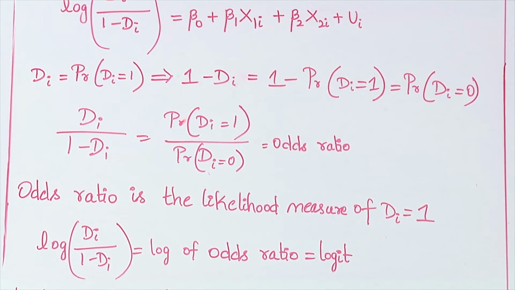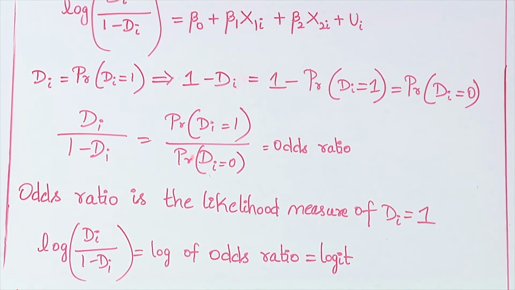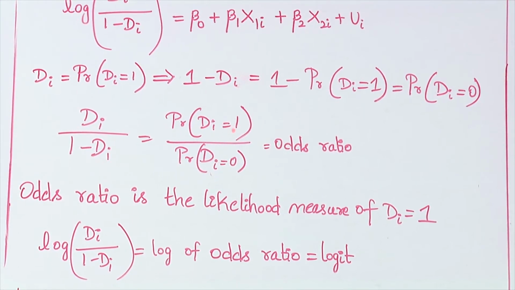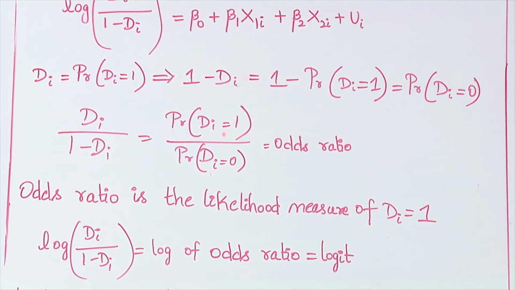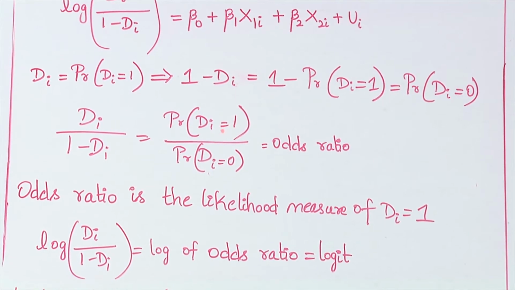This is in literature called the odds ratio. This is the odds ratio of Di equal to 1. The probability of Di equal to 1 divided by the probability of Di equal to 0 is the odds ratio of Di taking a value 1.